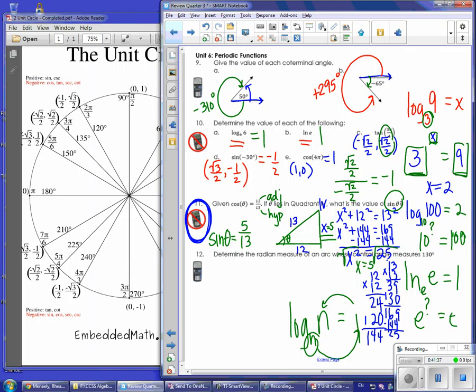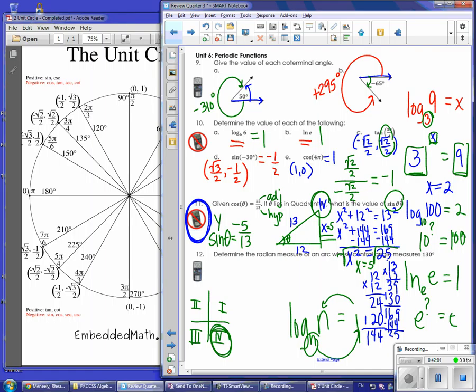And if our value is in quadrant 4, think about your quadrants. We've got quadrant 1, 2, 3, and 4. Sine corresponds to our y value. And so if I'm in the 4th quadrant, is my y value going to be positive or negative? And it should be negative. So you want to make sure you include a negative symbol there.